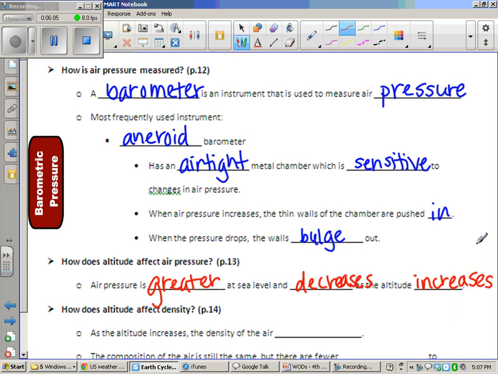Okay, so let's take a look at the stack of books that's on your desk. Okay, so you take a look at the stack. That bottom book at the very bottom of the stack, that's like being at sea level. And that very bottom book feels a lot of pressure from all the other books on top of it.